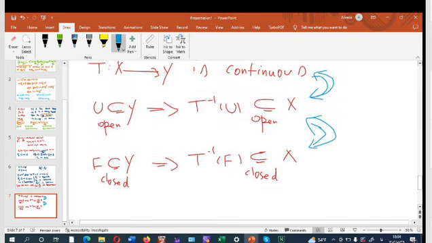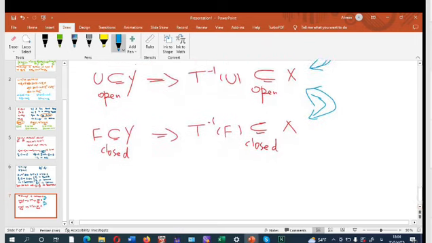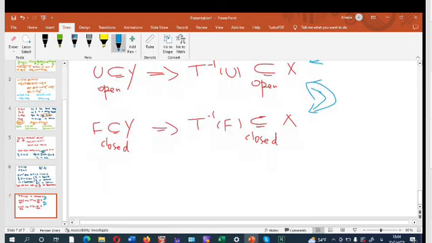Now, if we consider, for example, this function from G to G, this is continuous because this is a left translation. Okay, continuous.